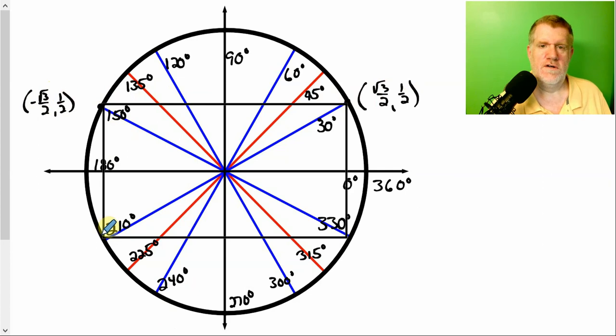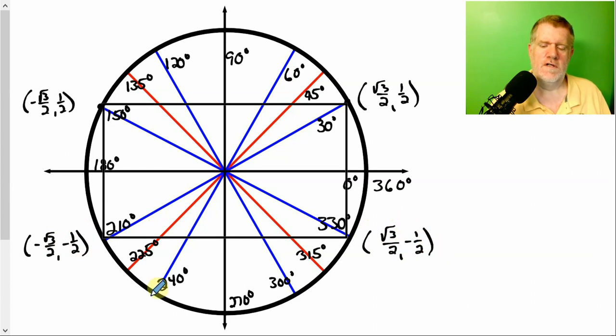What is it down here in the third quadrant? Well, in the third quadrant, guess what? Everything's negative. It's negative square root of 3 over 2, negative 1/2. Follow it over here to 330. Fourth quadrant, the x is positive, but the y is negative. We go down 1/2.